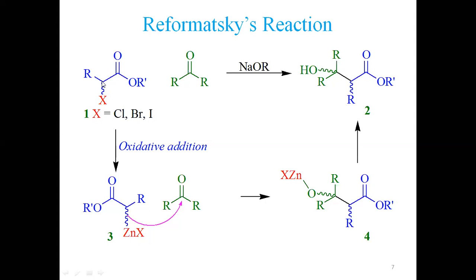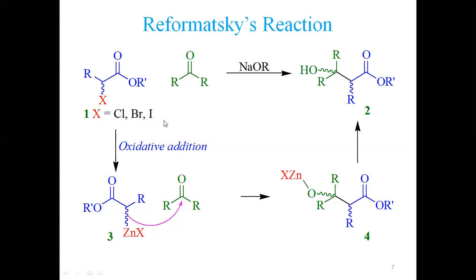Now this carbon, which is electron deficient in structure number 1, is electron rich in structure number 3. This is the transformation or difference: we have converted, in a single step, the electron deficient carbon into electron rich carbon. Now this is not a carbanion. If it were a simple carbanion, this would be a simple Claisen-Schmidt condensation.